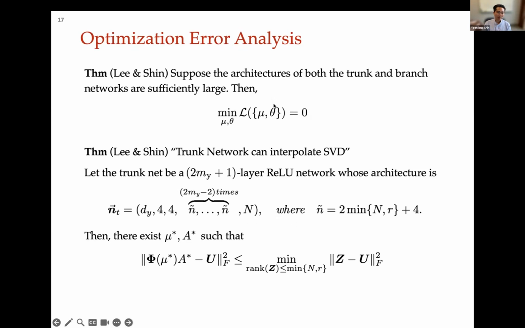That plays a role in showing this zero loss analysis.